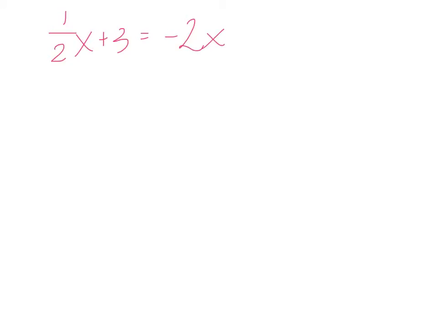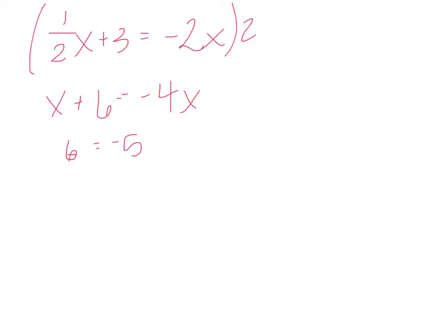Then we solve for x, and we need to multiply all of this by 2 to get rid of the 2 in the denominator. And we get x plus 6 is equal to -4x. We can subtract an x and we get 6 is equal to -5x. And then you divide by -5 and you get -6/5 is equal to x.